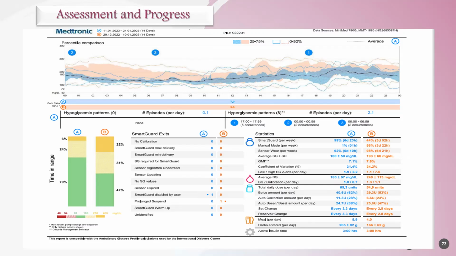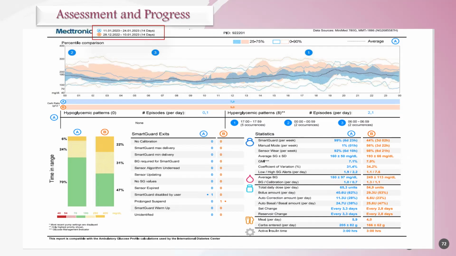Okay, so starting with this report, firstly, there are two segment value dates, segment A and segment B. Segment A covers the last 14 days prior to the uploading of the system, and segment B is the time prior to that. In Medtronic, sometimes if you open the system, you can choose which segments you want to compare.